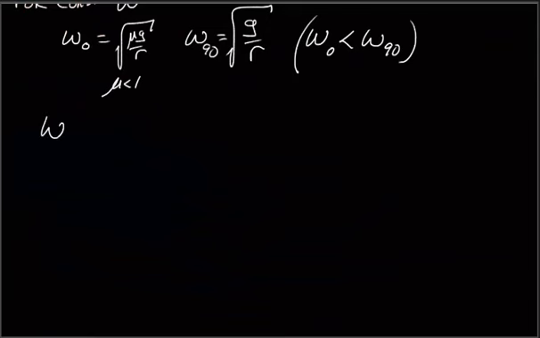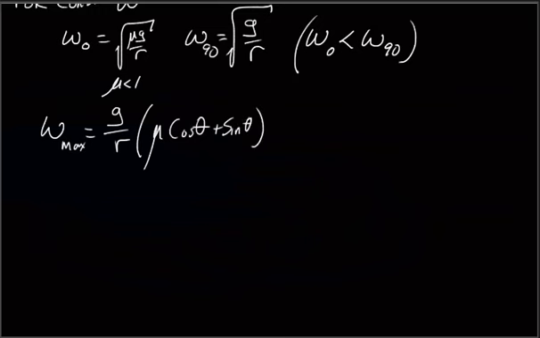Omega max is g over r times (mu cos theta plus sine theta), and this is squared, and notice that g over r is the 90-degree value squared.